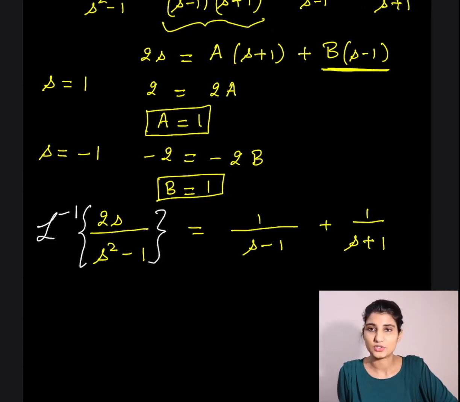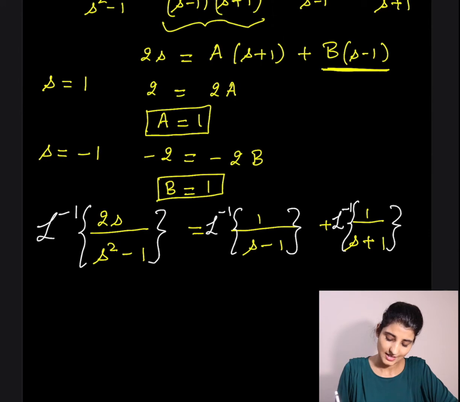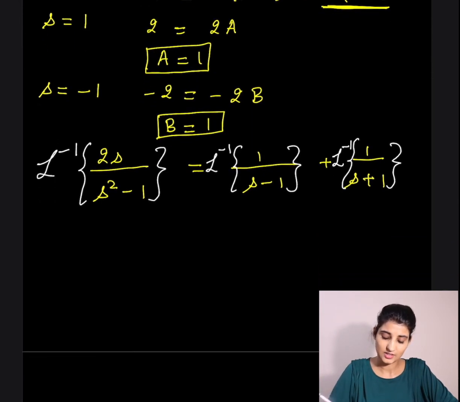Since Laplace inverse is linear, this is the same as Laplace inverse of 1 over s minus 1 plus Laplace inverse of 1 over s plus 1, which we can easily calculate using our table.